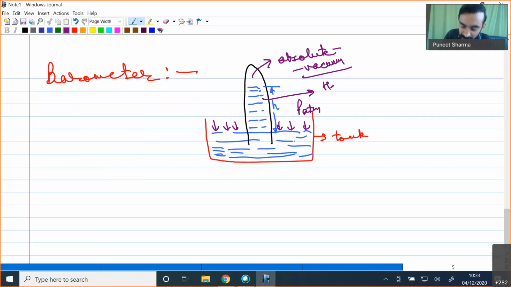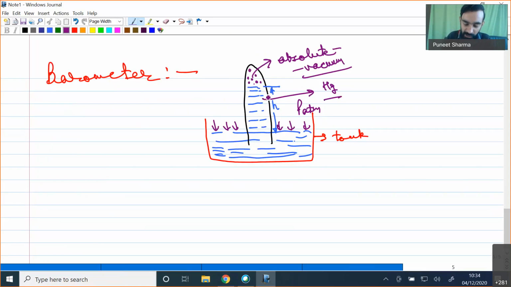While the liquid mercury is rising, there may be evaporation of mercury, and we may find small vapors of mercury over here. But we know that the vapor pressure of mercury is very small at ambient temperature, so we can neglect this vapor pressure acting on the upper side of this liquid column.